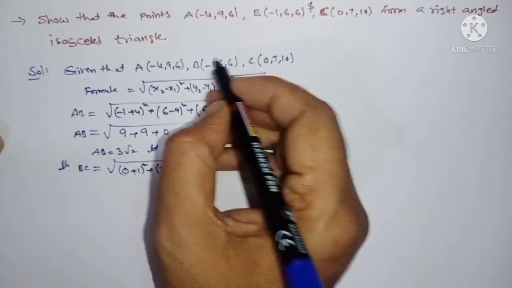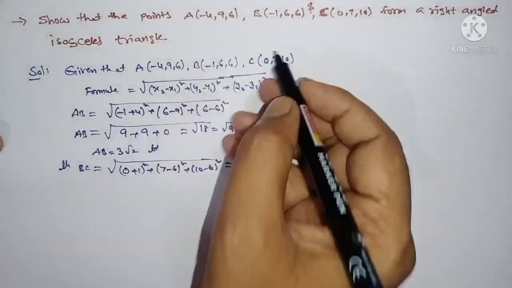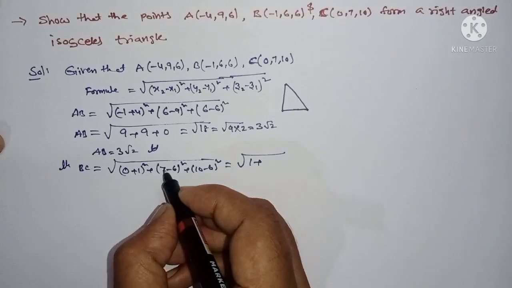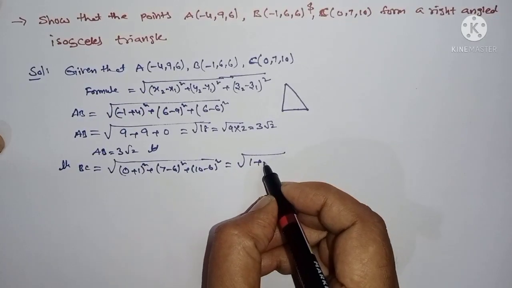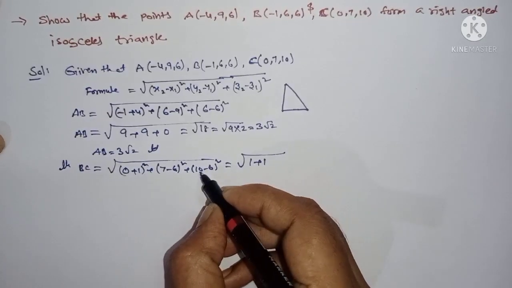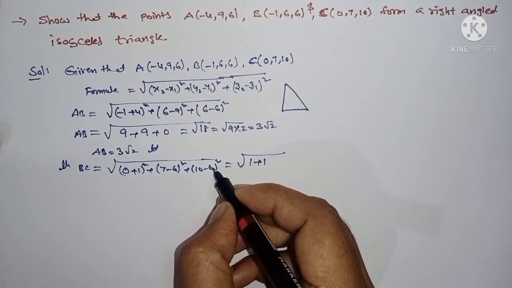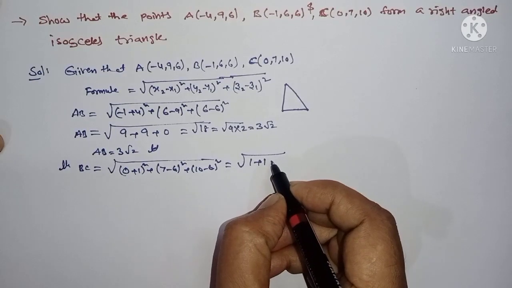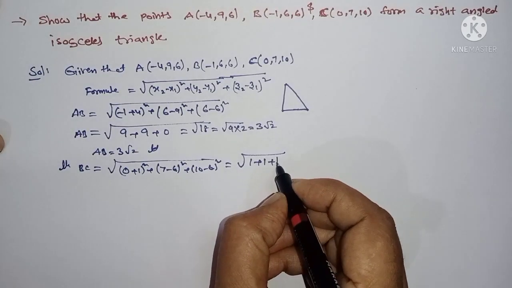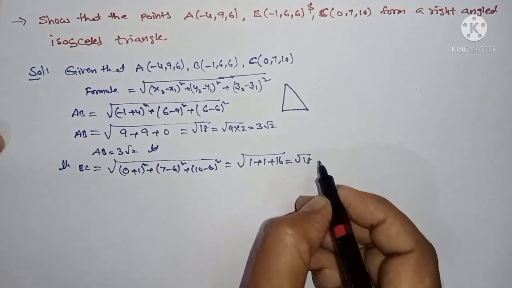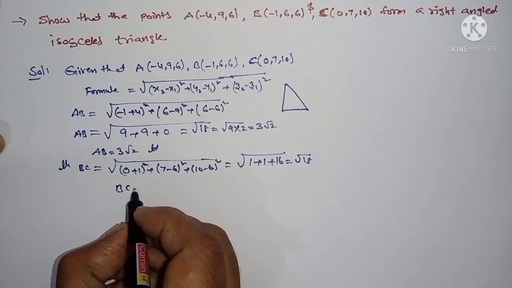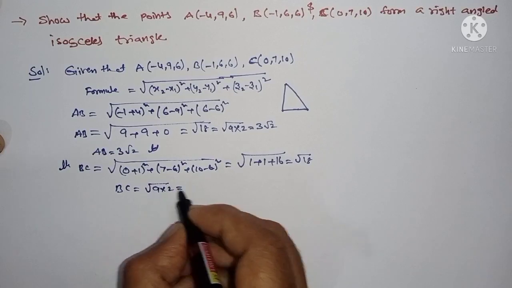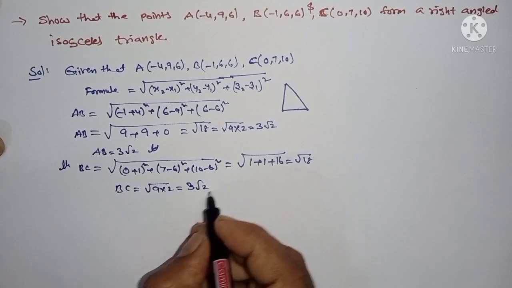Therefore 1 square is 1, 7 minus 6 is 1, square is 1, 10 minus 6 is 4, 4 square is 16. That is equal to root 18. Root 9 into 2, therefore root 9 is 3, so BC is 3 root 2.